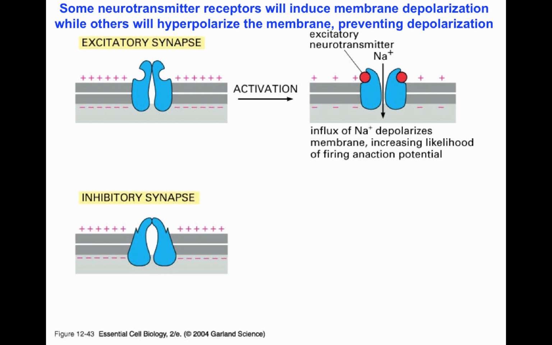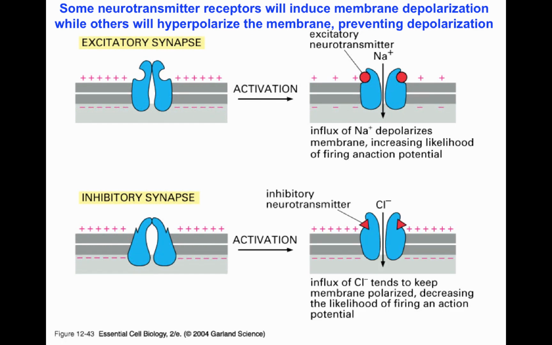On the other hand, the activation of an inhibitory channel will do the opposite. So, in the case of the GABA receptor, when GABA binds to the channel, it's going to open up, allowing the influx of chloride ions.